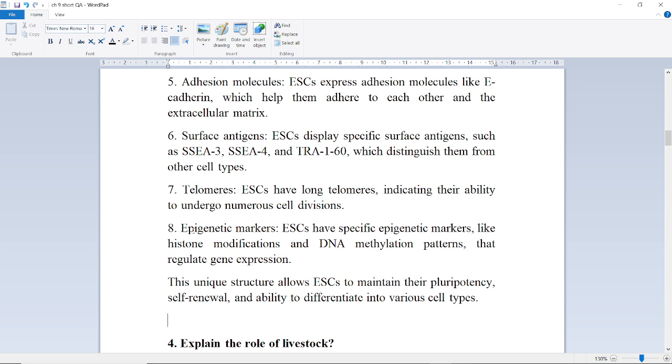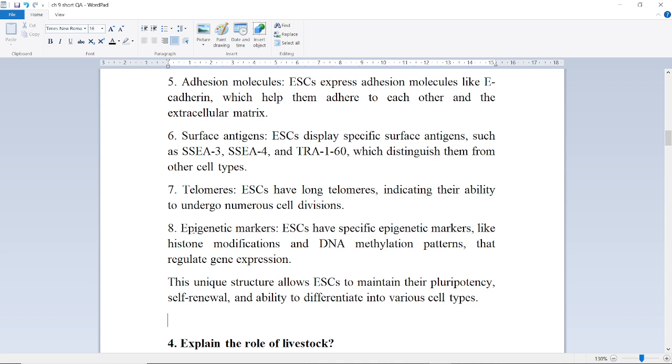Embryonic stem cells display specific surface antigens such as SSEA3, SSEA4, and TRA-1-60, which distinguish them from other cell types. Next is telomeres. Embryonic stem cells have long telomeres indicating their ability to undergo numerous cell divisions.